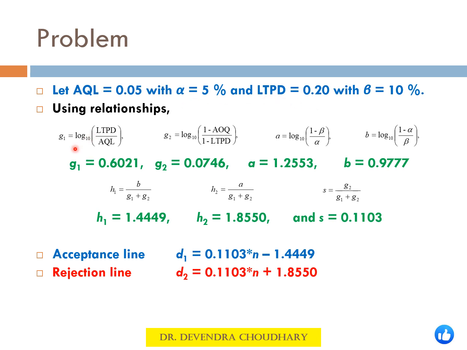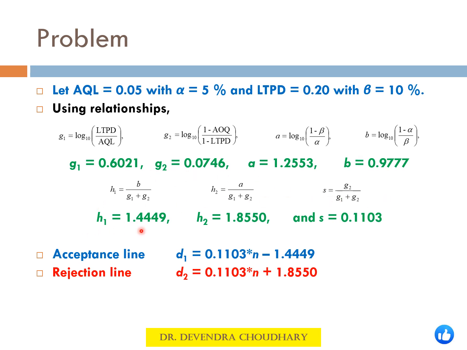As we discussed, the G1 value is the log to the base 10 of LTPD to AQL. We put the values of LTPD and AQL here and get G1. Similarly, using these relations, we get G2, A and B. After getting these 4 parameters, we get H1, H2 and S by putting these values in these relations.